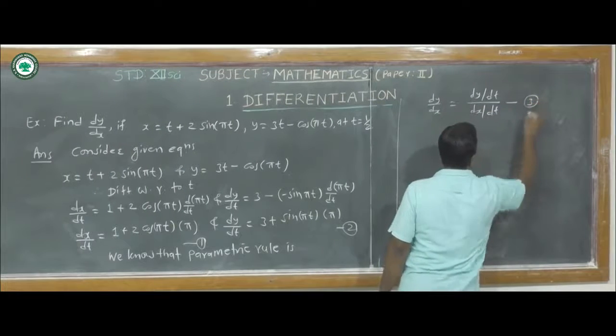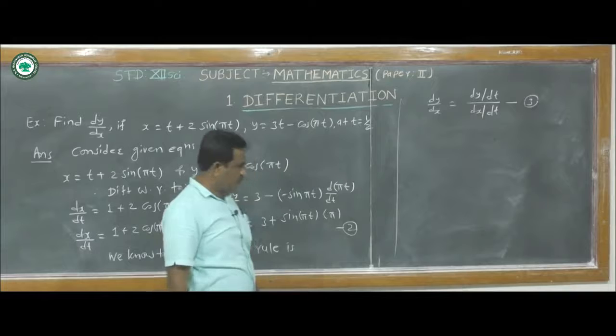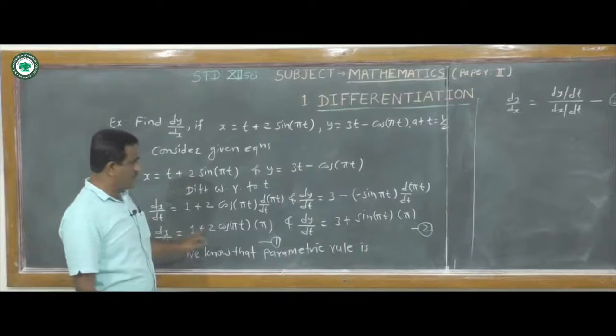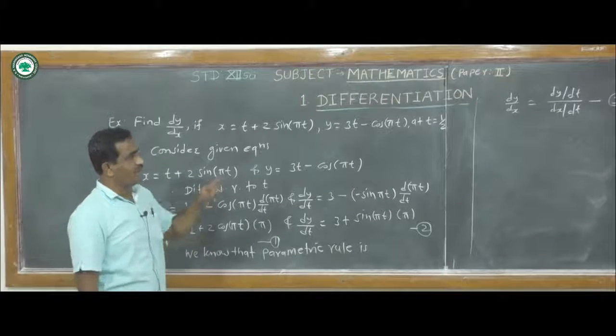Say this is equation number 3. Now put the values of dy by dt and dx by dt from equations 2 and 1 in equation 3.